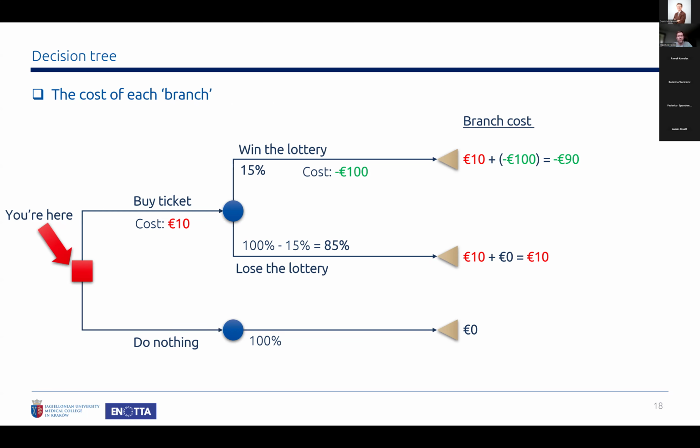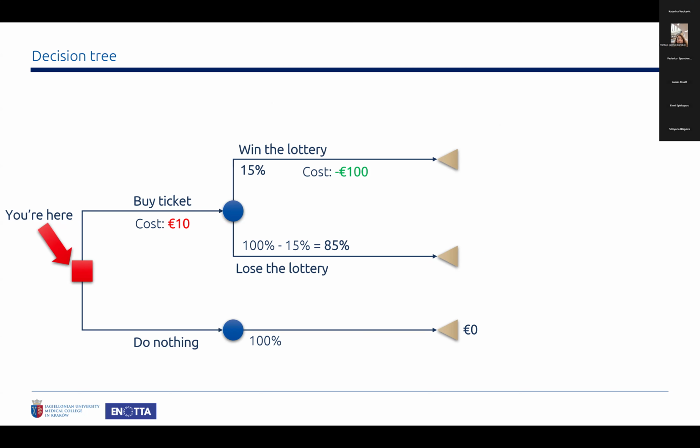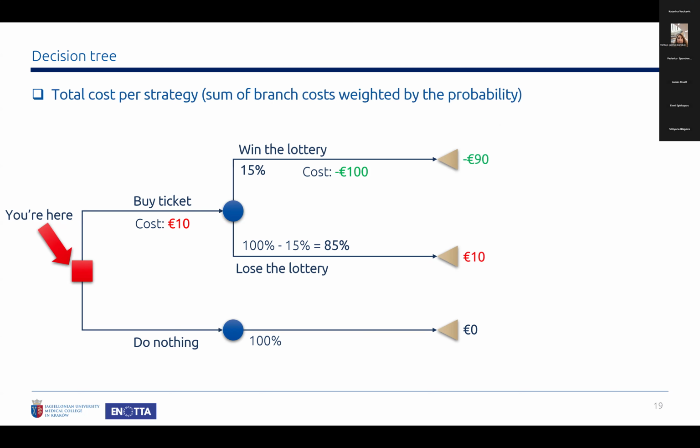So with this fully set up tree, we can now calculate the so-called expected outcomes, expected cost, and guide our decision. After calculating the branch cost, we can calculate the total cost for each strategy, for each alternative. We calculate the expected cost by multiplying each branch cost by its probability and summing this up.